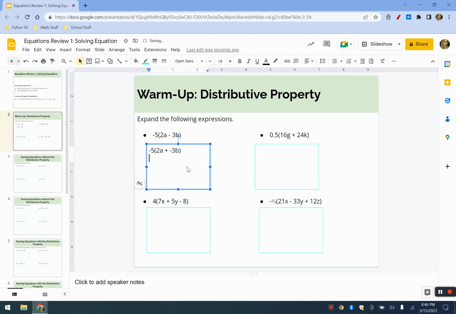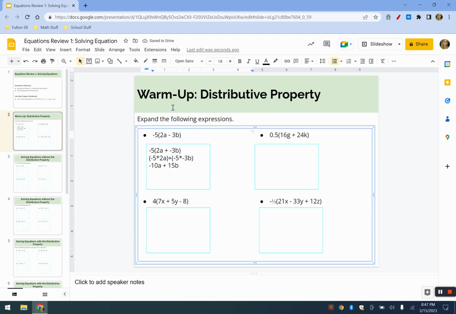Now we can distribute: negative 5 times 2a plus negative 5 times negative 3b. So negative 5 times 2a is negative 10a, and negative 5 times negative 3b is positive 15b.